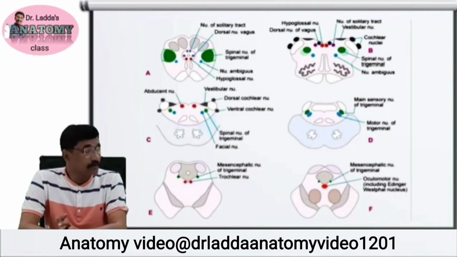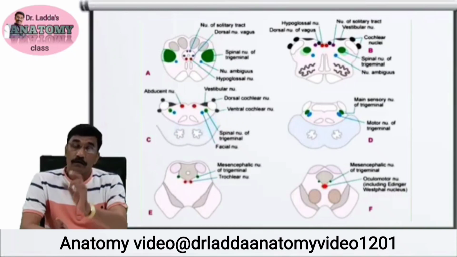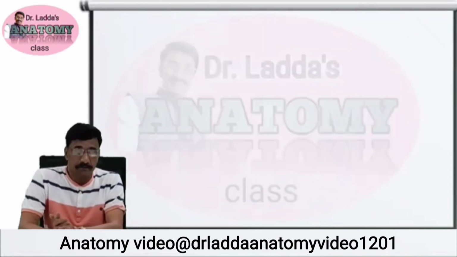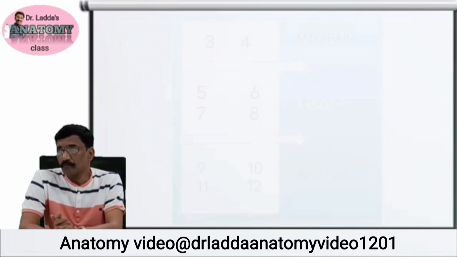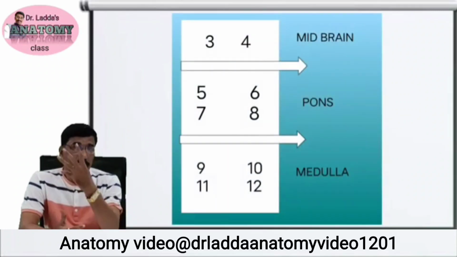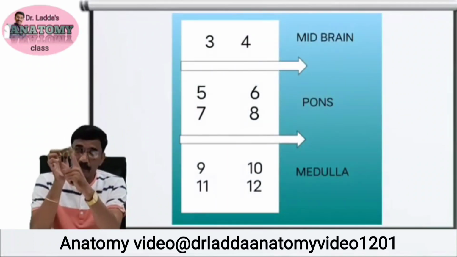Again, remember the previous figure, that figure which shows which nerves and nuclei have a relation with a particular part of the brainstem. As we know, the brainstem is divided into three parts. The upper one is the midbrain, the middle one is the pons, and the lower one is the medulla oblongata.